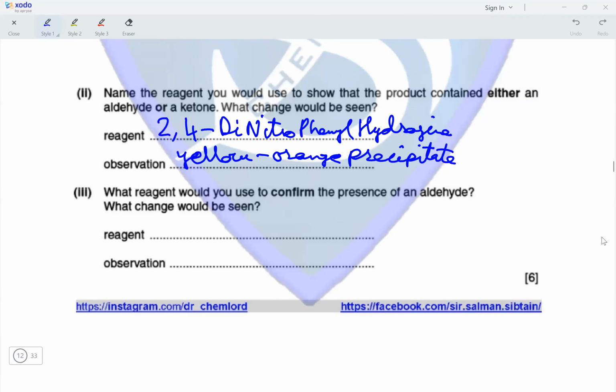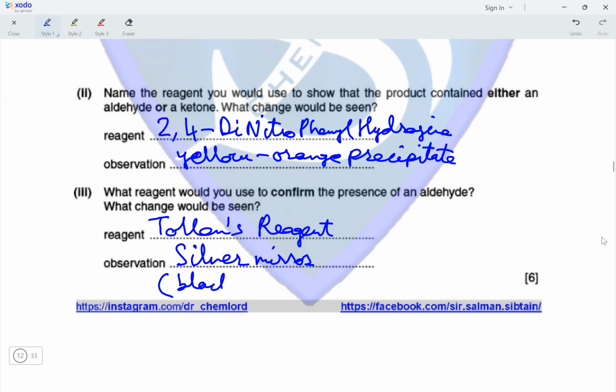What reagent would you use to confirm the presence of an aldehyde? What change would be seen? So the reagent we would use for the confirmation of an aldehyde can either be Tollens reagent, in which the observation would be formation of a silver mirror, or a black precipitate.